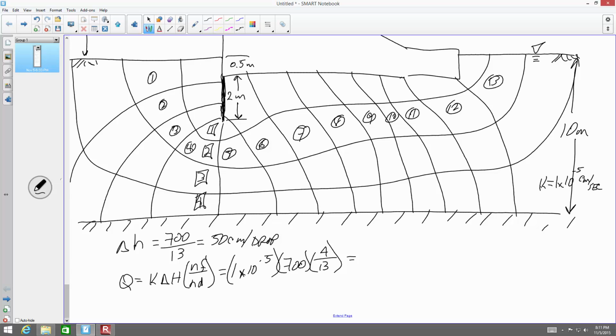How many drops were there? 1, 2, 3, 4, 5, 6, 7. Well, unfortunately, there was supposed to be a flow line right there, or another drop there. So actually there's 14.